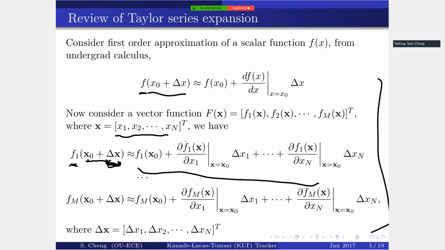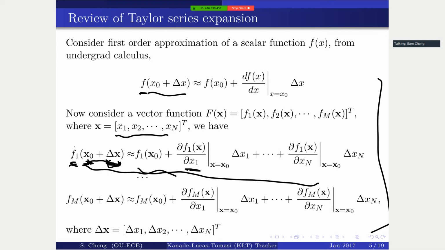It's just the partial derivative of f1 with respect to x1, evaluated at the location we are, x naught, multiplied by delta x1, and so on and so forth. So this is for a scalar, right?